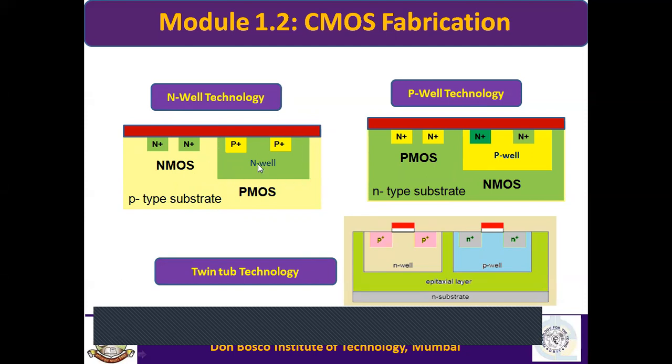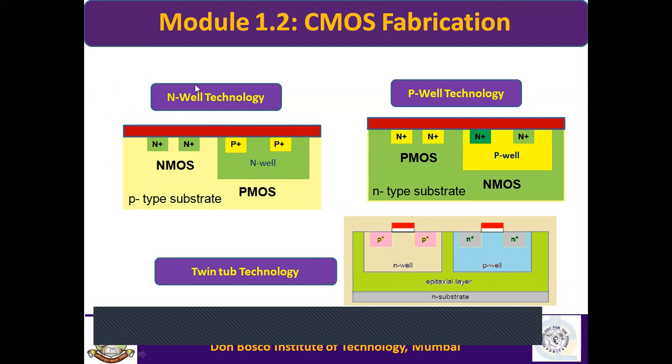Can you see this N-well here? In the N-well, we fabricate the PMOS transistor. So in N-well technology, we start with a P-type substrate, fabricate the NMOS transistor in it, create a well, that is N-well, and in the N-type well, we create the PMOS transistor.